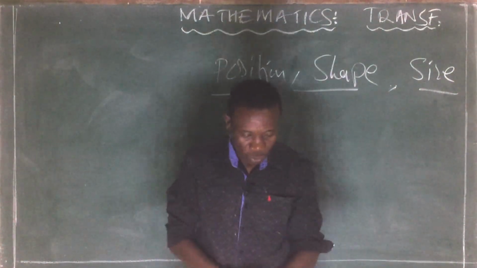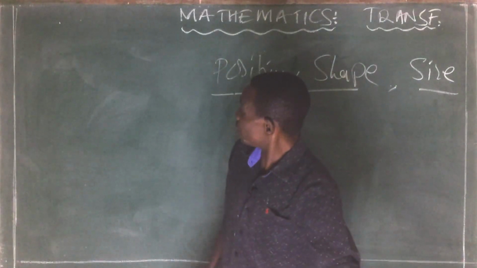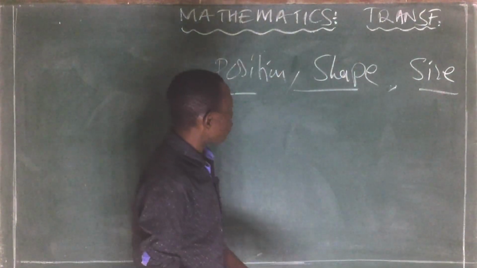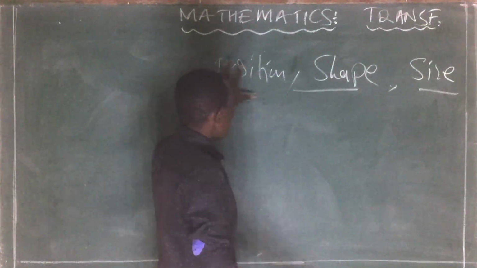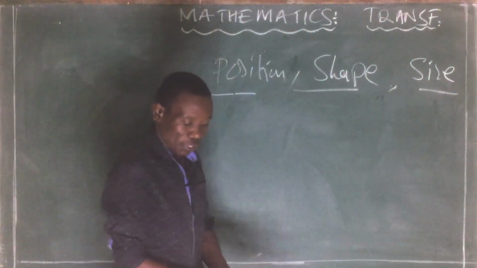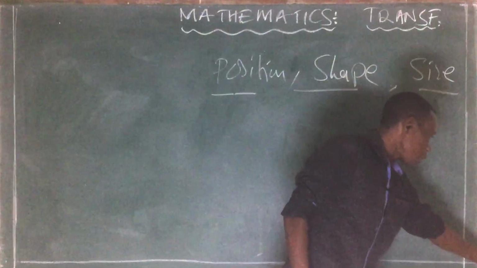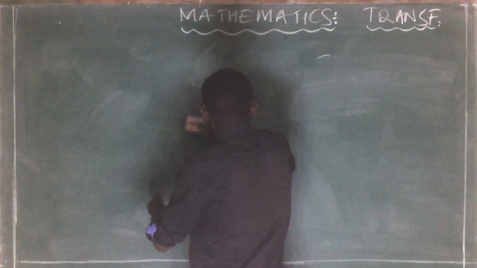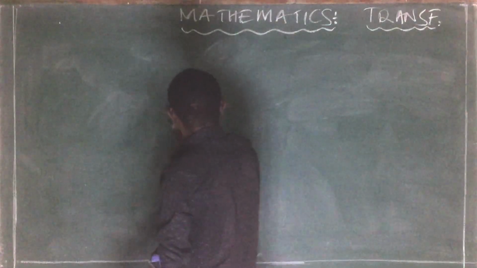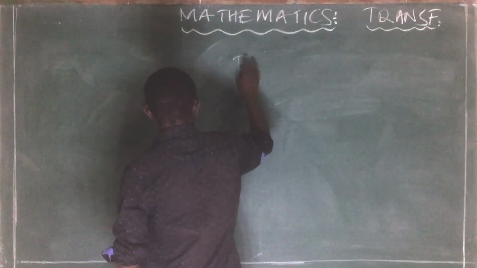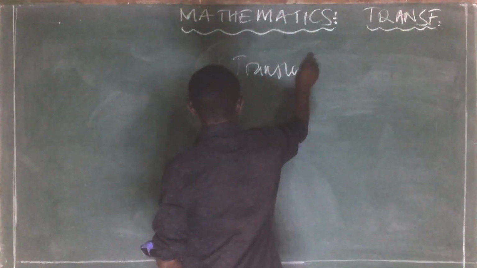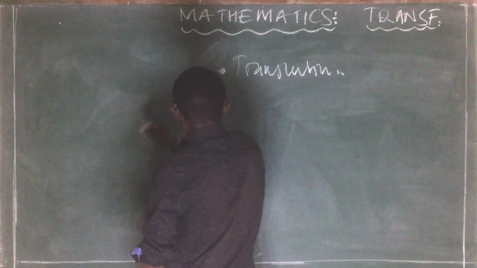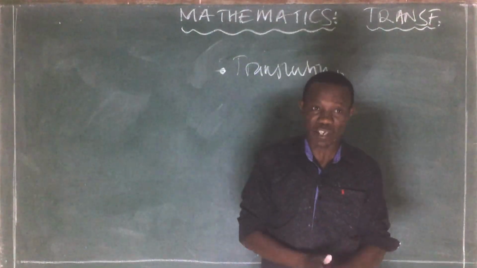So an object can change in terms of position, shape, or size. Here, we are focusing on 3 ways an object can change. The first one, which we already looked into in the previous video, is translation, to say an object or a figure can translate.